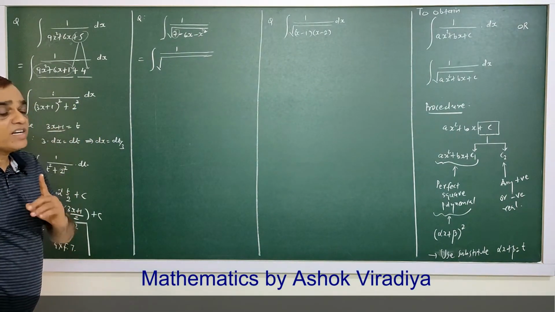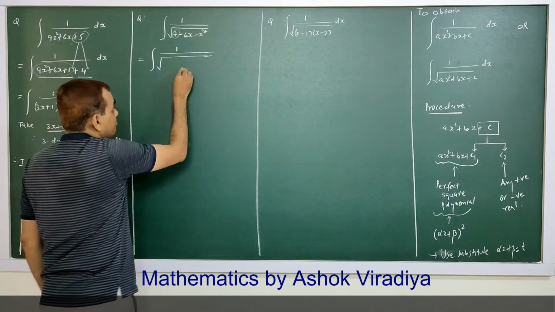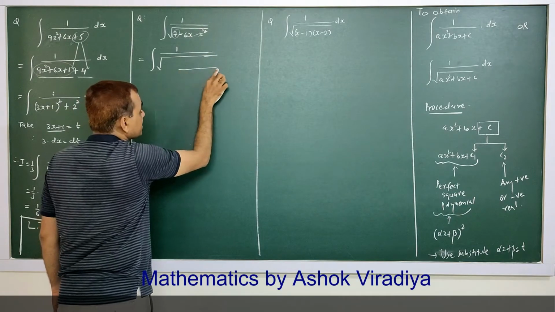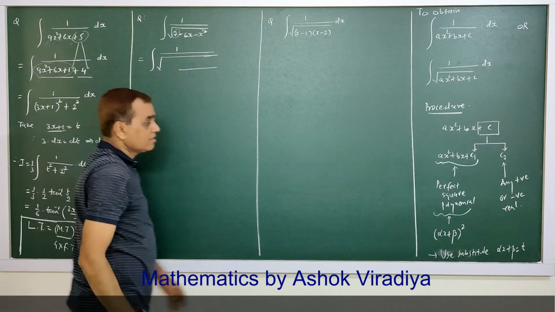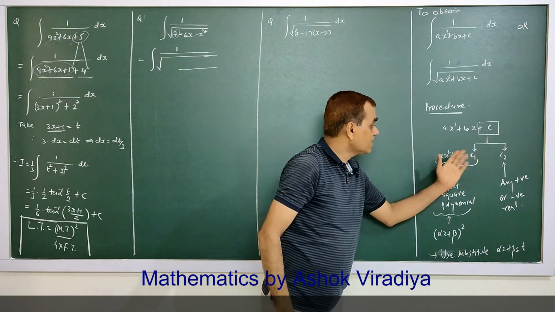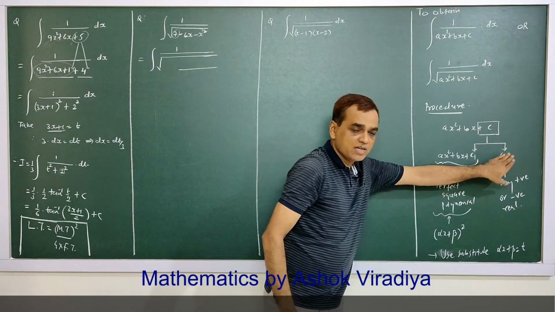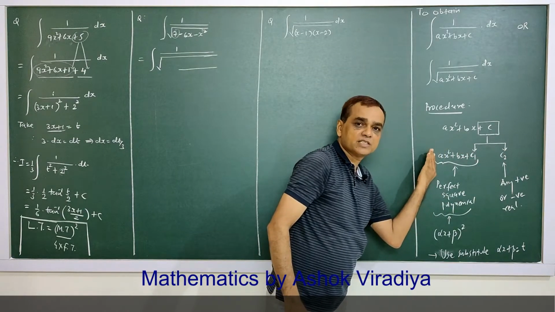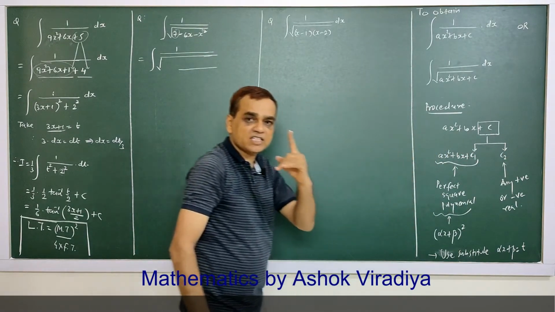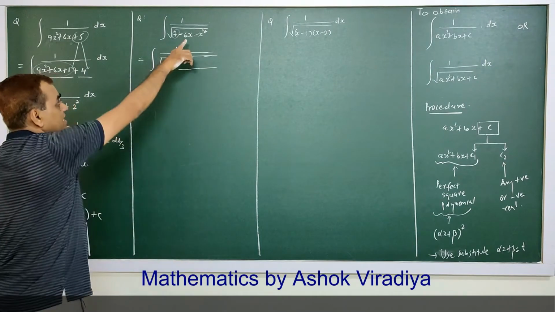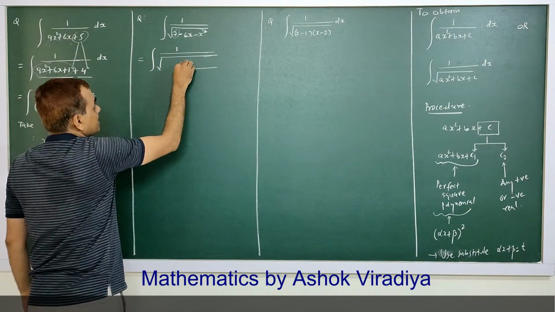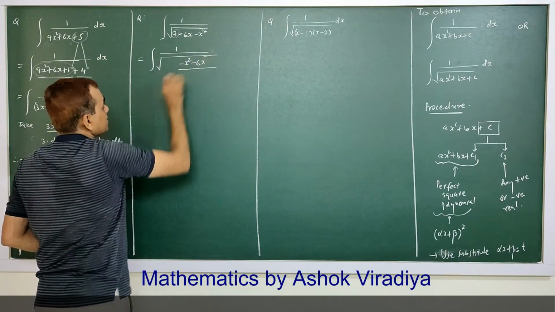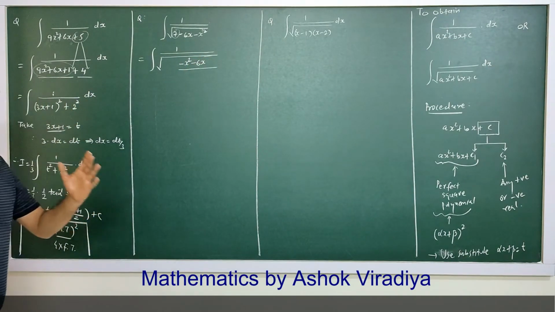If the x square term is negative, then the perfect square polynomial is set in the second place. This polynomial we will set in the second place, and the remaining constant we will set in the first place. If x square is negative, so keep here minus x square, put minus 6 x square, and the x term keep as it is.